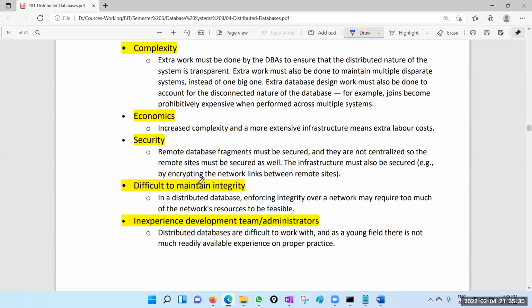Things like cascade operations. And of course, the lack of skilled people who are aware of these concepts, distributed database. So we have a smaller number of system administrators, database administrators who can handle distributed database systems because they need special skills and knowledge.